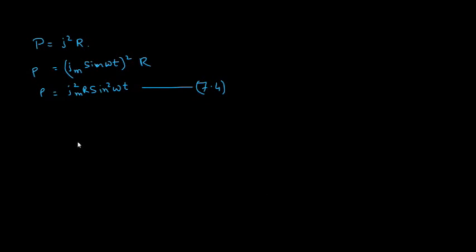Now, the average value of P over a cycle. So, average value P dash is equal to the mean value of I square R. So, that is equal to the mean value of Im square R sine square omega t. This is written as equation 7.5a.